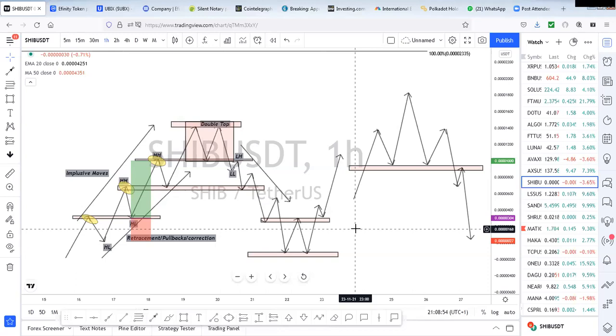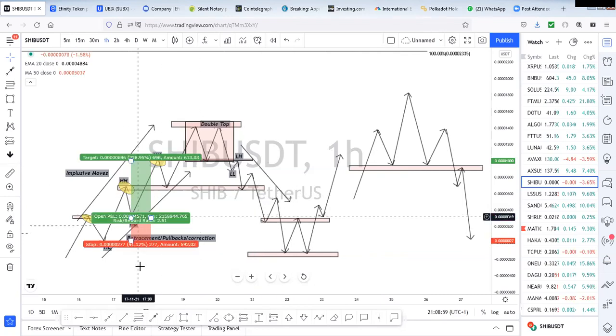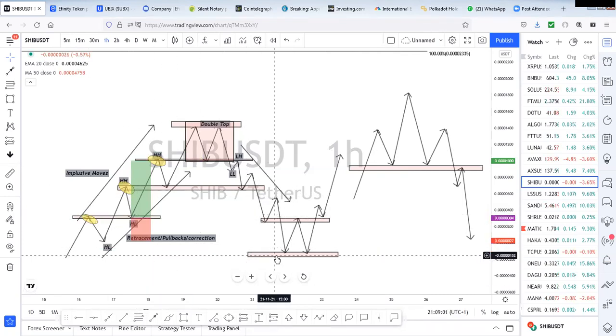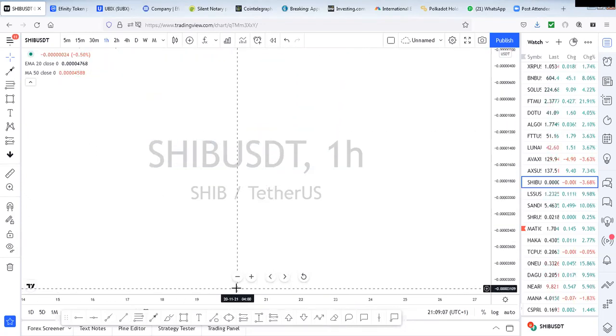So let's go over to ranging markets. I will clean all this, or maybe I'll clean it later. Let's move on. So you can jot down some things. Ranging markets are pretty straightforward. They are often called sideways markets.